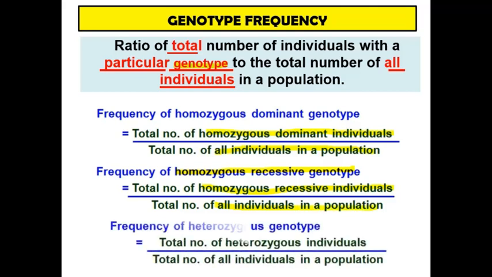And last, the frequency of the heterozygous genotype is the total number of heterozygous individuals over the total number of all individuals in a population.